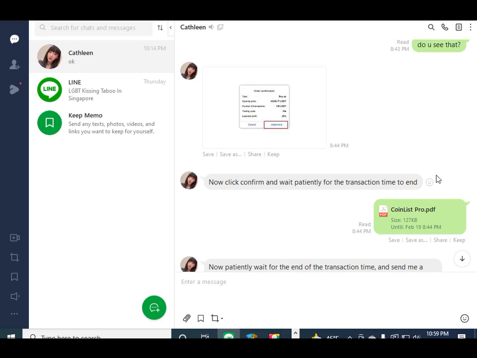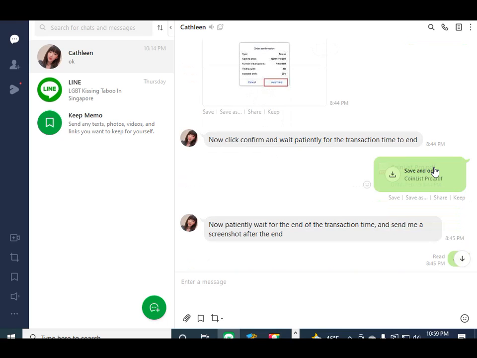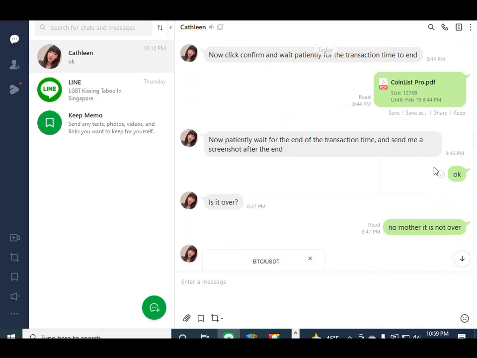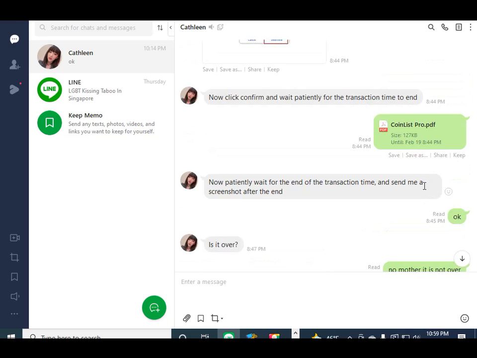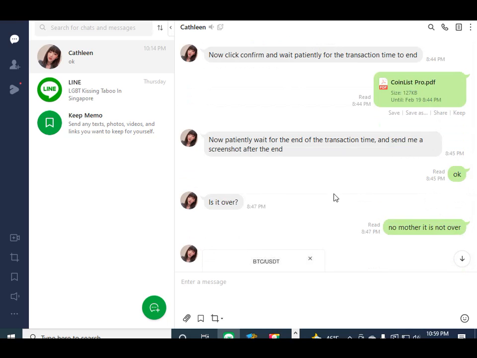$20 for trading 100. She says, now patiently wait for the end of the transaction time and send me a screenshot after the end. Okay. Is it over? No, mother, it is not over.